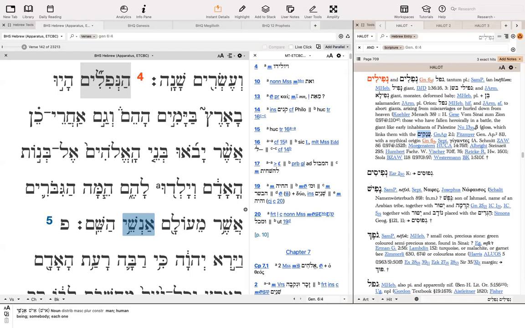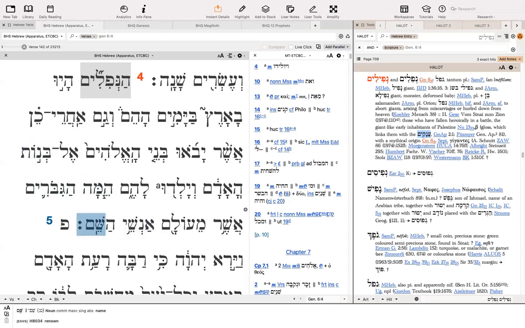We interpret this to mean men that were famous, whose names were to be remembered. That is one possibility. It is possible, though, that this means something else. Men of the name, perhaps these are men who had access to the divine name, which was always associated with great power, in which case Hashem would mean something similar to what it comes to mean later. But yes, these are men of the name, these great warriors.